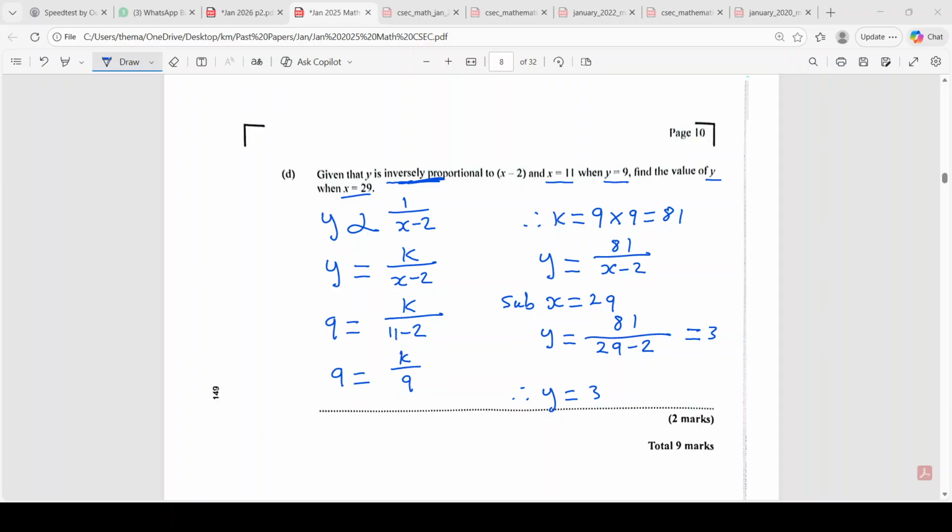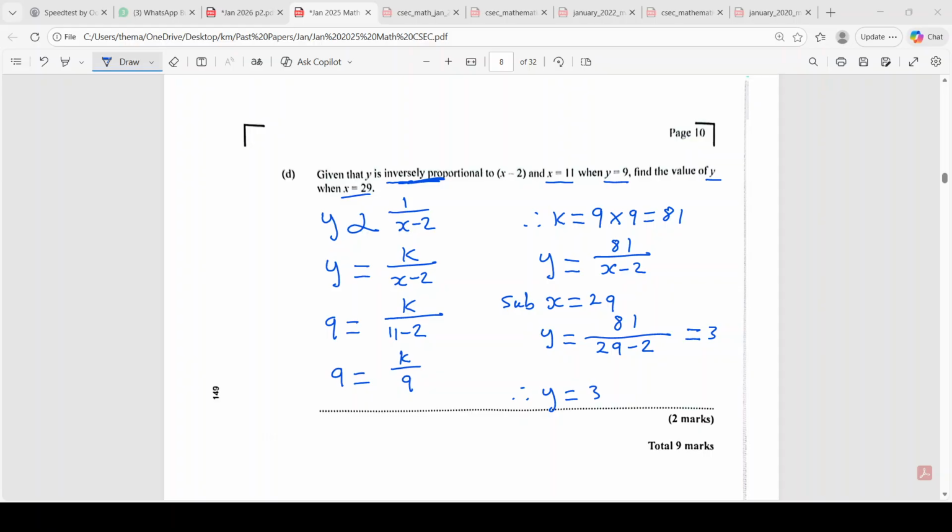Tishana, how did you do? I did good, but I kind of forgot how to do the last question. Yes, sir. Okay, I'll refresh your memory when I do it. Zahara, how did you go? Good, but I didn't go back and do the 81 over x minus 2. Okay, let's stop after you find k. So you get half of your marks.